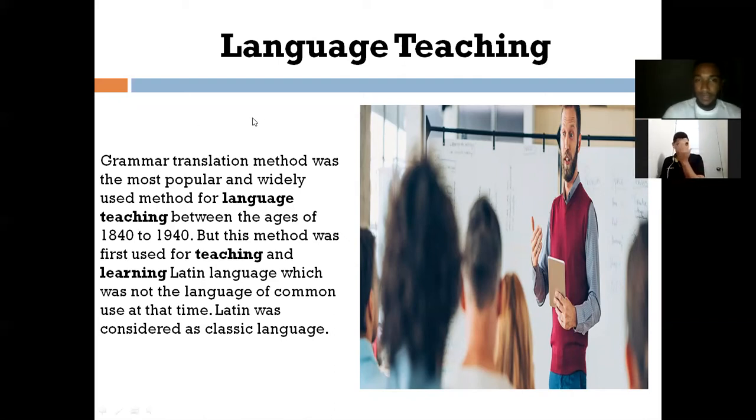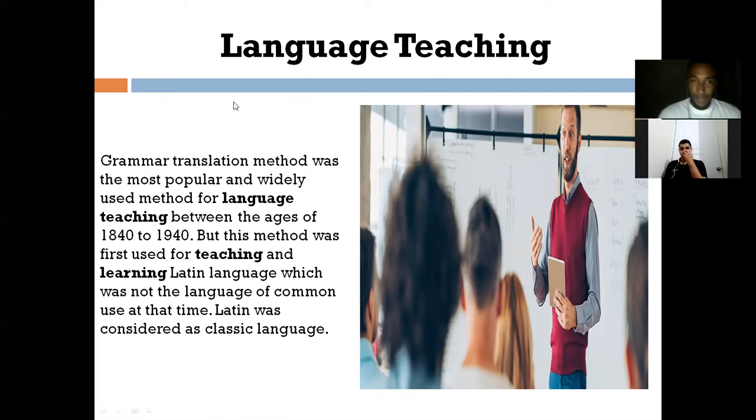So, first of all, we know that the first language right now is English, but before, Latin was considered a classic language. We already know that English, the most important language in the world right now, is like the commercial language that we use in our business or something like this.